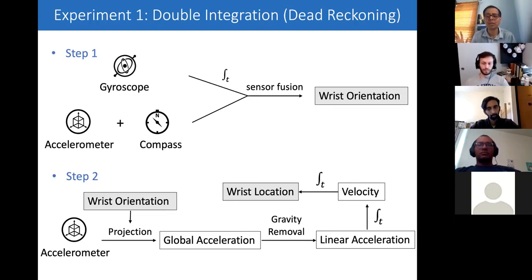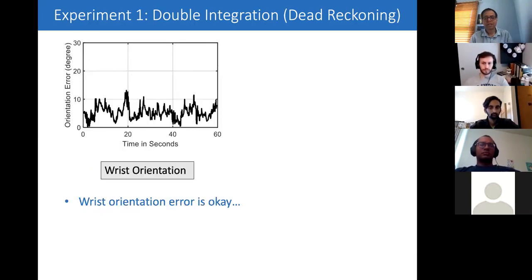We have not talked about the elbow yet. Cool. This is something that you already know. This is exactly what we talked about when we talked about dead reckoning with IMU. These are results from actual wrist orientation. Not too bad. This is under the assumption that the smartwatch or the arm comes to a pause periodically.